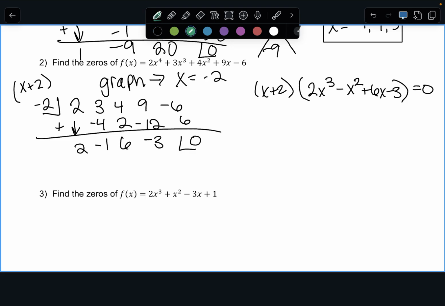Group. So my first two terms and my second two terms. Out of my first group, what's my GCF? X squared. Again, just going to kind of cut out that middle step. But if I took out an x squared, I would be left with a 2x minus 1.